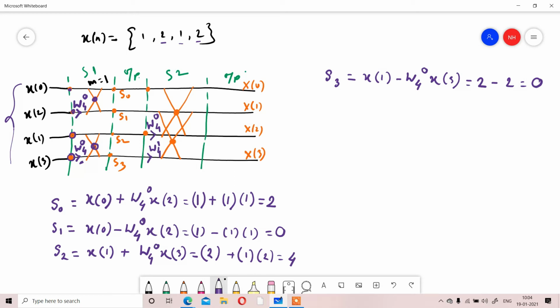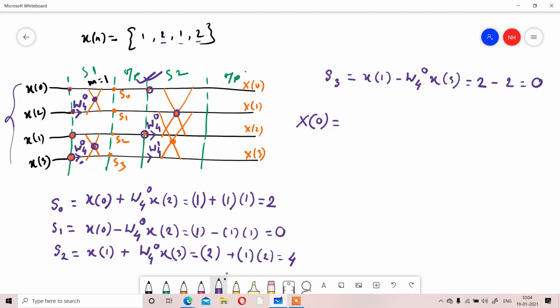So the first part is complete. Now S0 to S3 is your input, and you have two butterflies of one set, and the outputs are capital X0 to capital X3. Capital X0 is the positive part of that butterfly. The inputs are S0 and S2.